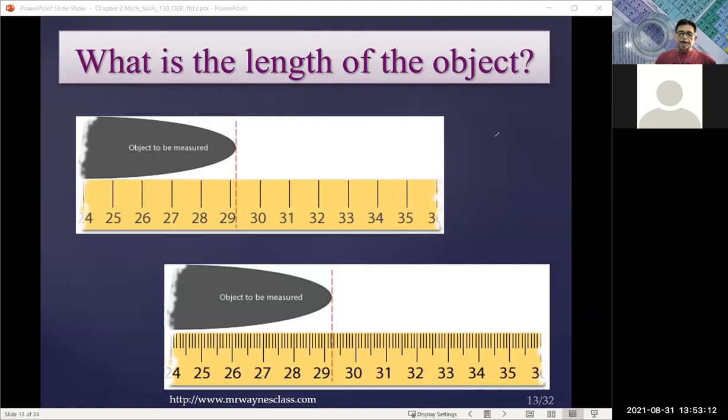Okay, what is your best guess? How about this one right here? If I had to write a number to give a measurement for that, what could you say?